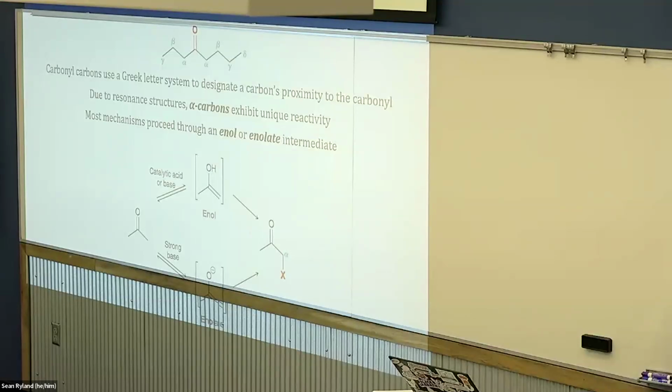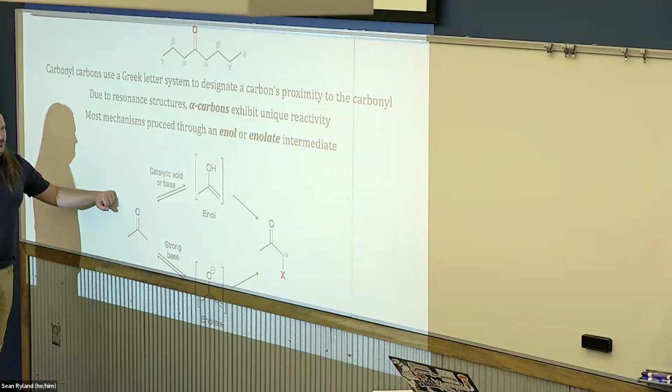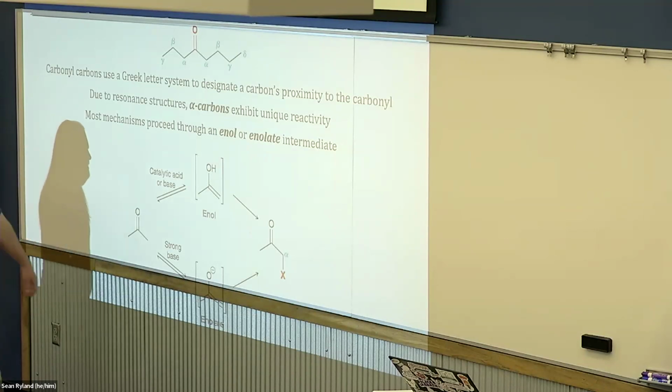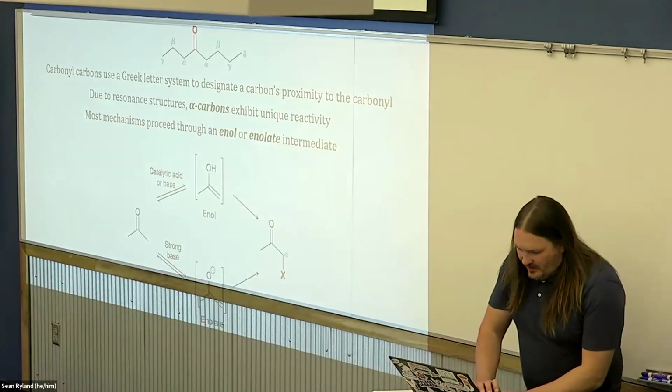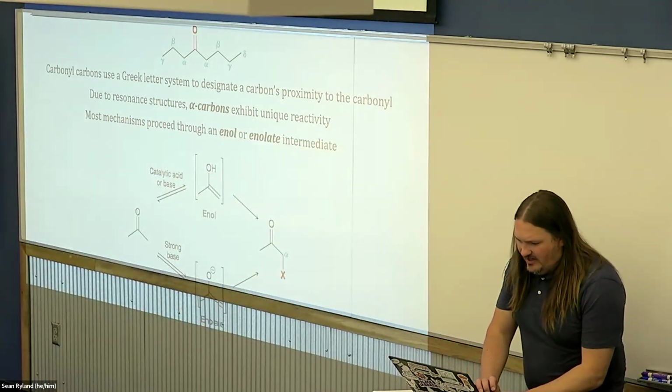And we're going to see that most of our alpha carbon reactions go through an enol or an enolate. An enolate is basically just a deprotonated enol.